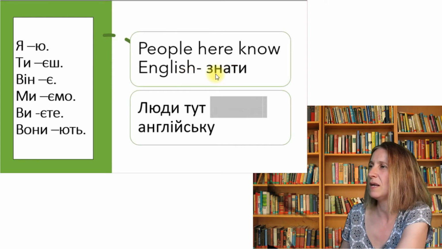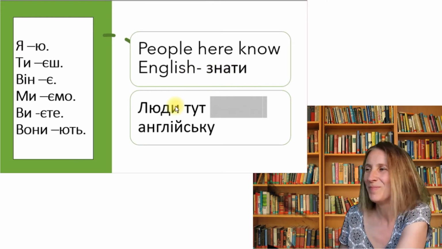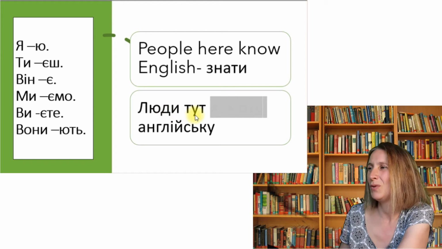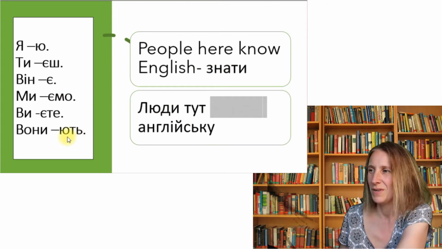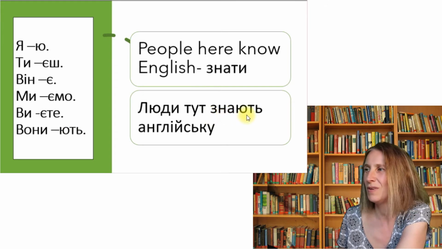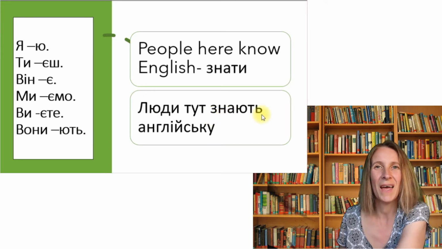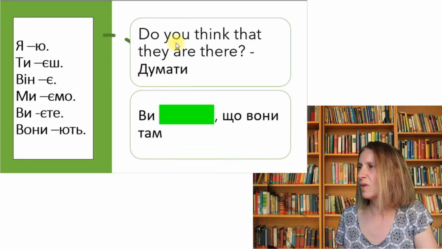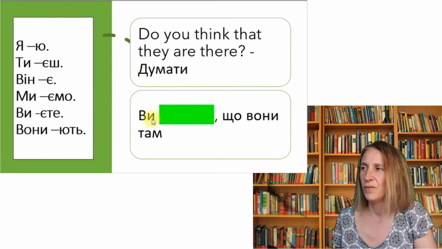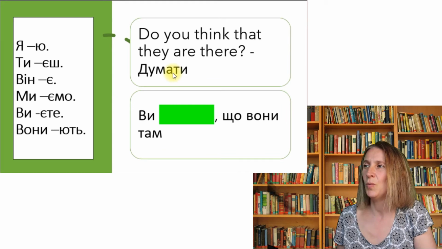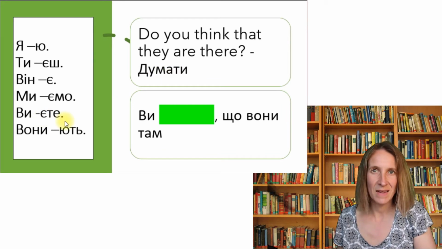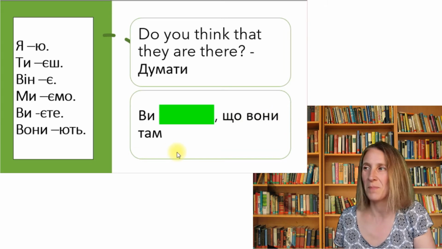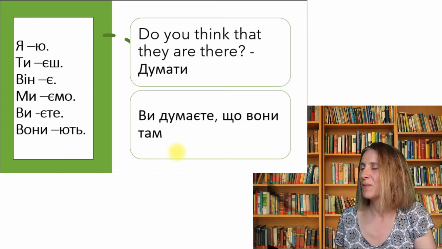People here know English. Знати. Люди тут знають англійську. Okay, do you think that they are there? Ви думаєте, що вони там? It's getting better.